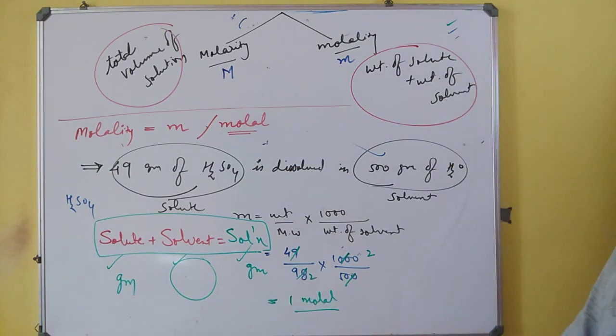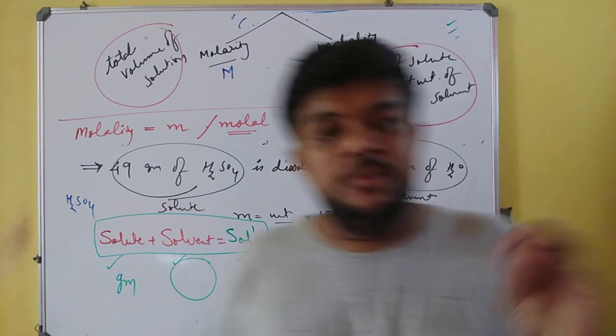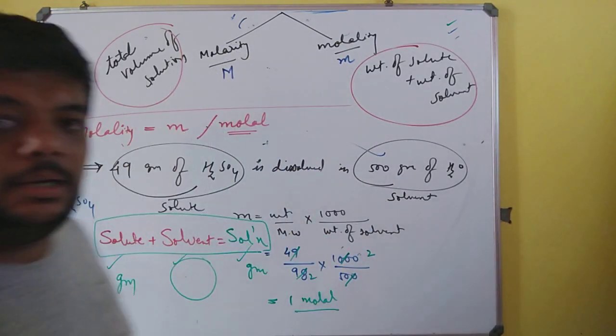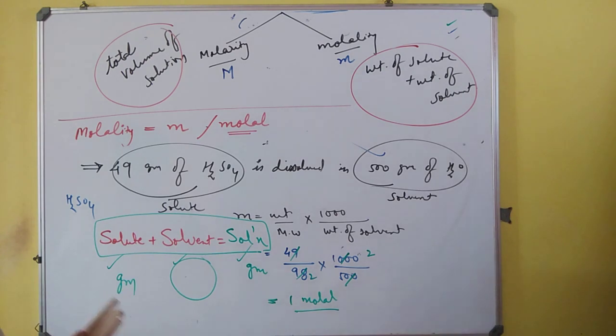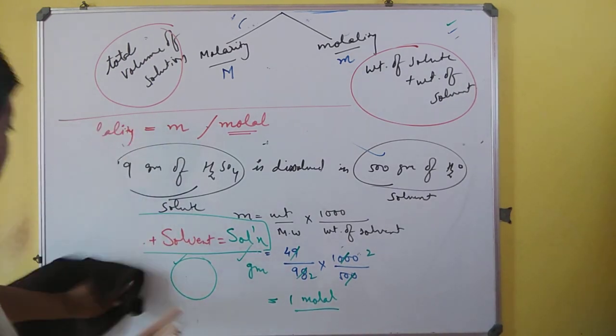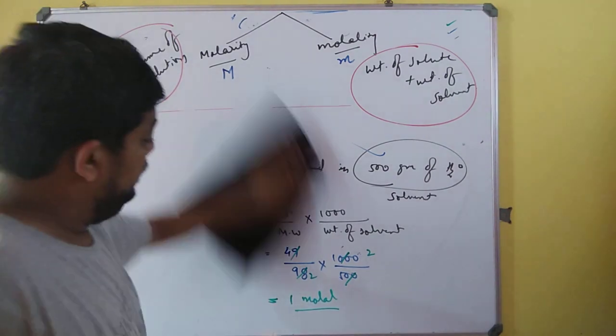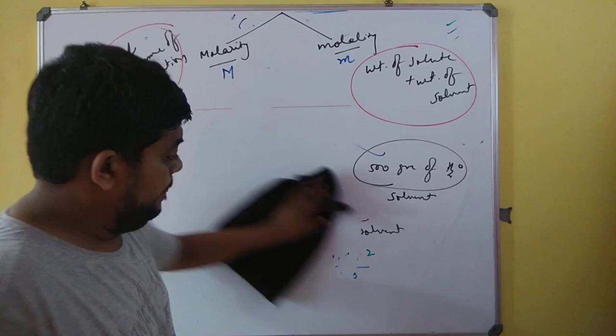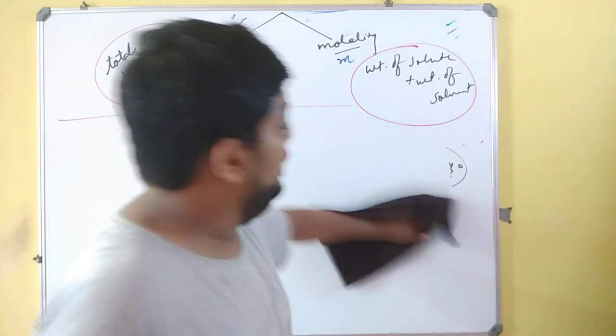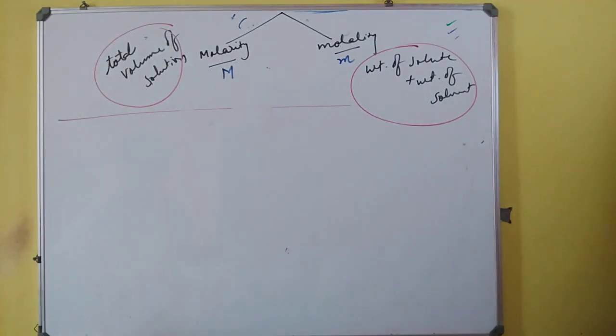So this is how it works. Now we will take one such example and move ahead. Friends, I'll make a question where we will take the weight of solution and then solve the problem.